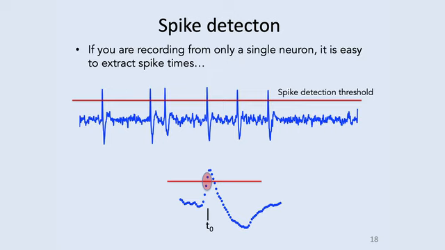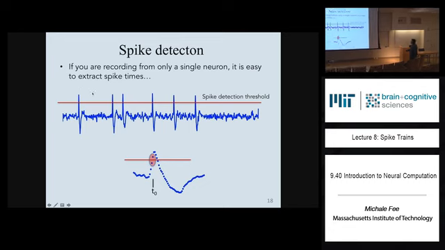So basically, the best way to detect spikes is to look at the signal, plot the signal, and figure out what amplitude the spikes are. So look at the voltage of the peak of the spikes, and then set a threshold that consistently is crossed by that peak in the spike waveform.